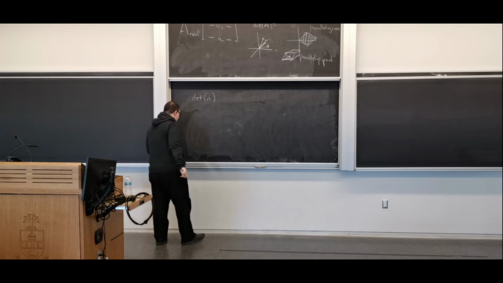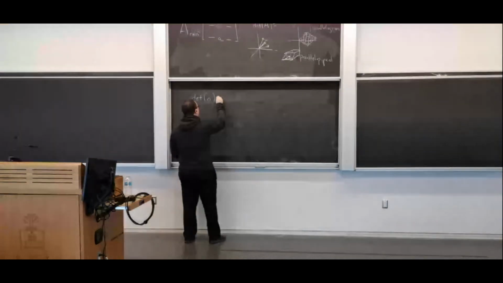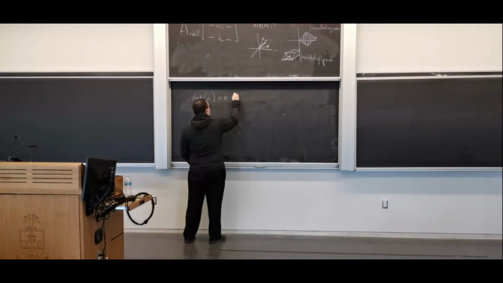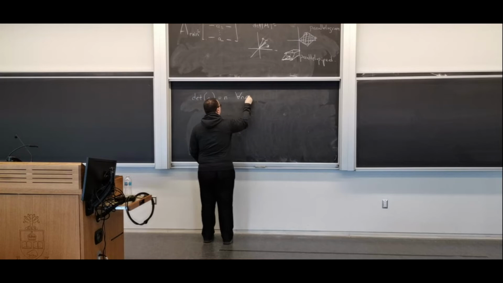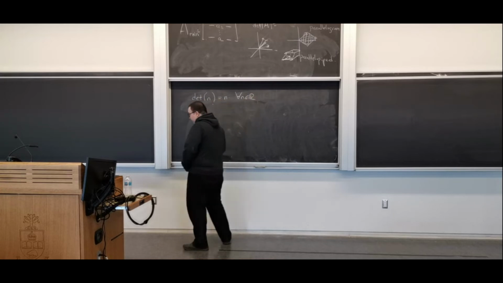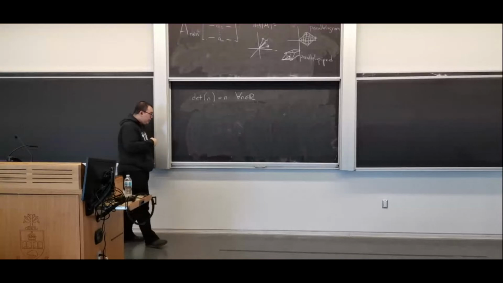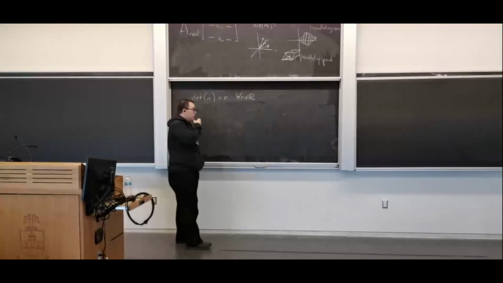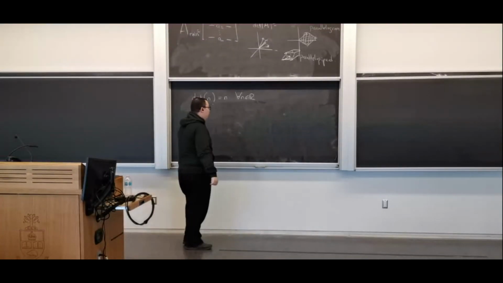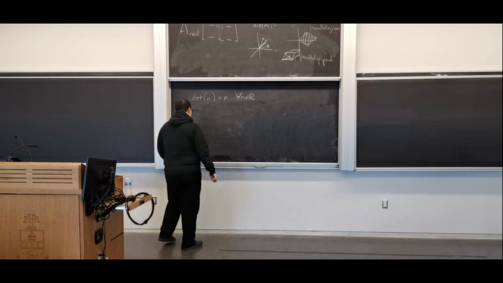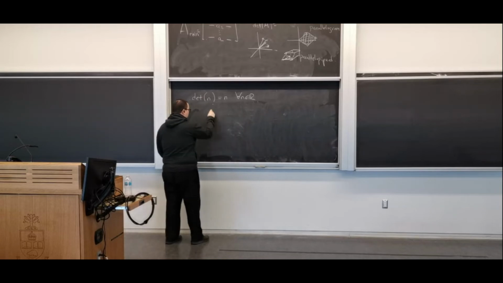So the first thing is the determinant of n equals n. So this is for all n in the real numbers. If we're looking at a determinant of a 1-by-1 matrix, which is just a number, well, the determinant of a 1-by-1 matrix is literally just n. And it kind of makes sense too.